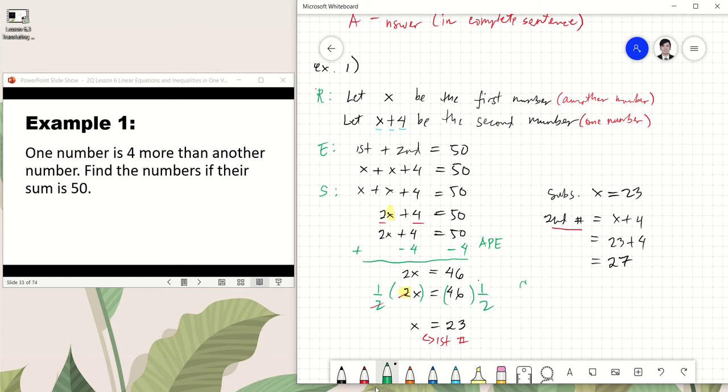Now, we need to double check if the two numbers that we got will fit into the situation. So, yung case number 1 natin or yung first sentence natin, the one number, ano yung one number natin? Yung second number natin, which is 27.